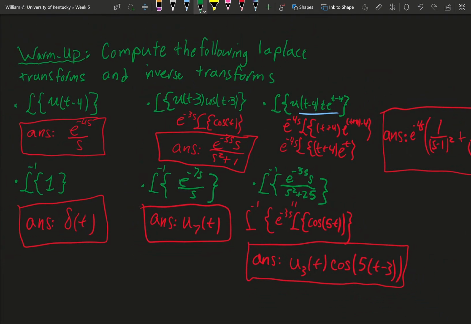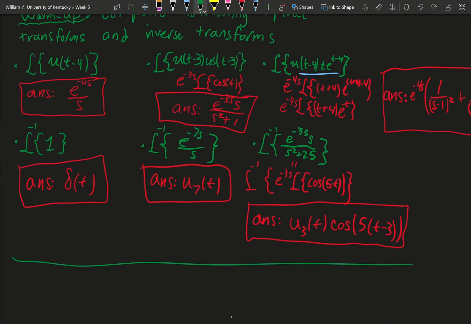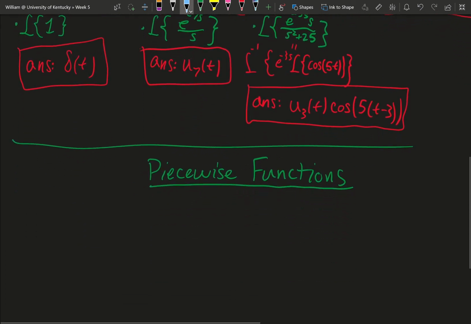So getting into today's topic, we're talking about piecewise functions. Remember that these are functions f of t that have a different rule depending on where you are.